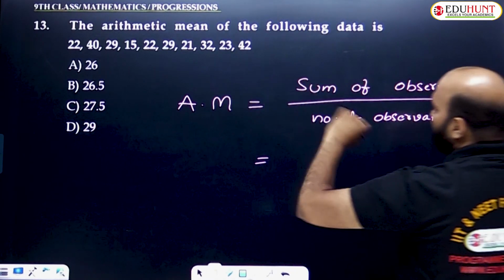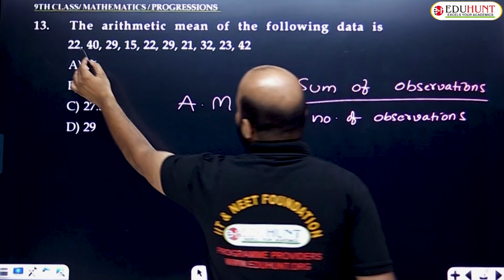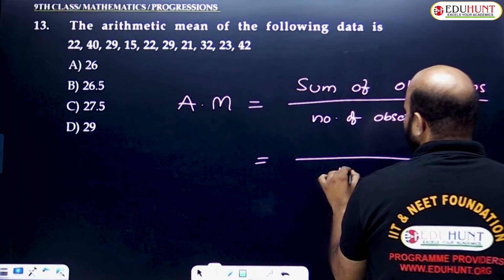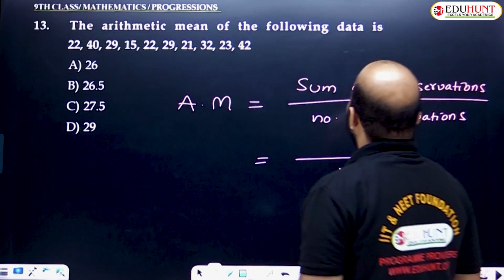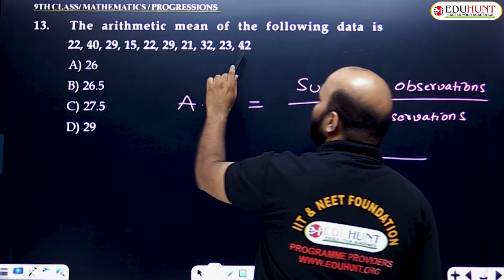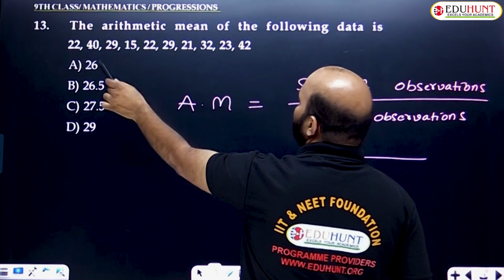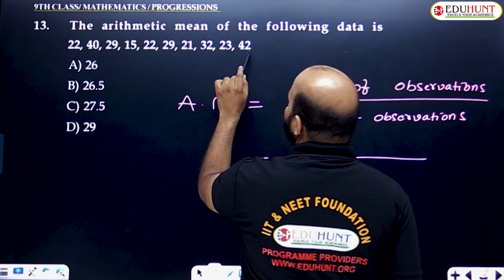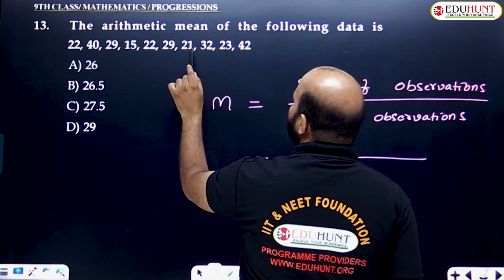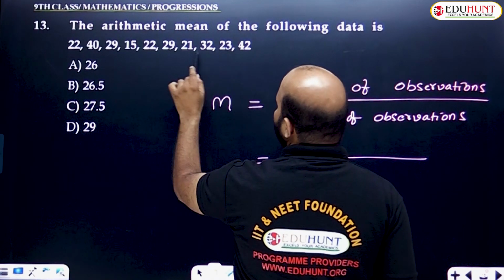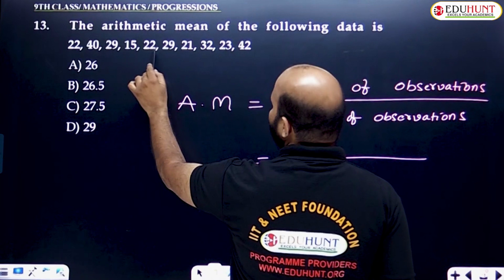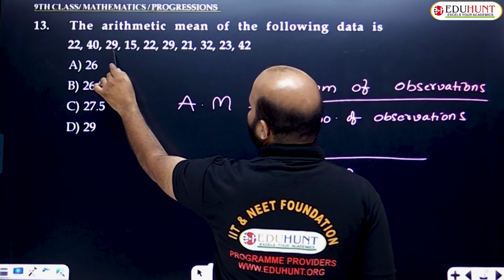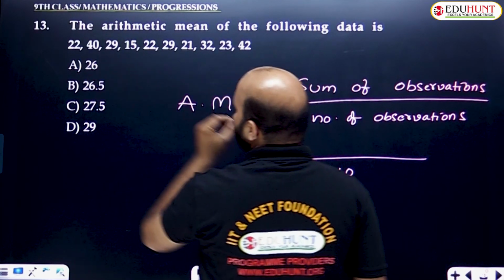Here, how many observations are given? 1, 2, 3, 4, 5, 6, 7, 8, 9, 10. So the denominator is 10 because the number of items is 10. How do we get the numerator? The sum of the items. First we need to add all the 2-digit numbers, 10 given. First we add the unit places: 2 plus 3, 5, 5 plus 2, 7, 7 plus 1, 8, 8 plus 9, 17, 17 plus 2, 19, 19 plus 4, 24, 24 plus 9, 33, 33 plus 2, 35.